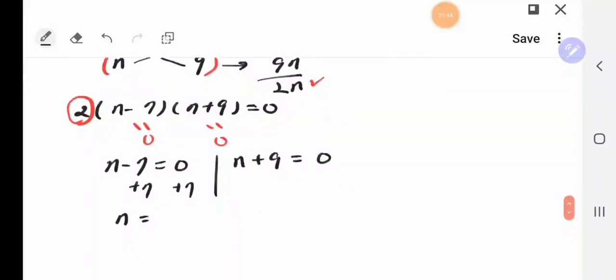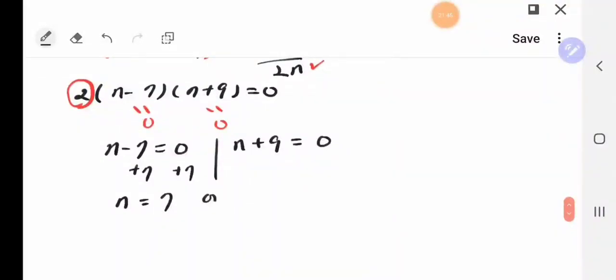So n is equal to 7 or negative 9. So now we have found two values. One is n is positive 7, and the other value of n is negative 9.